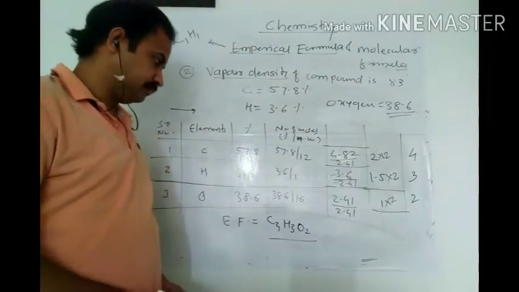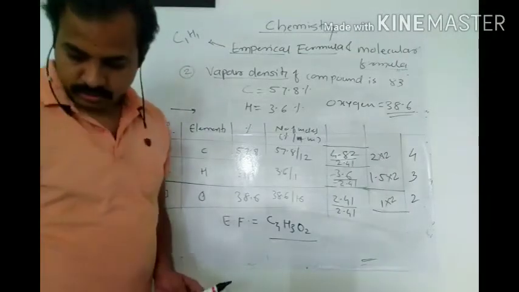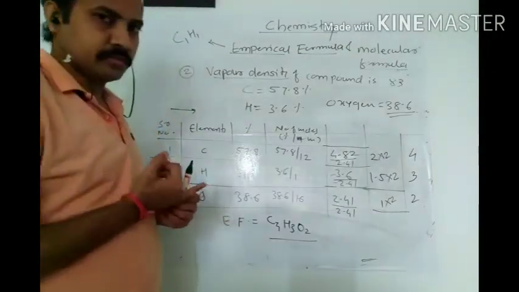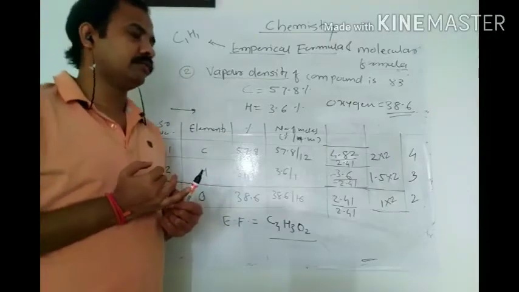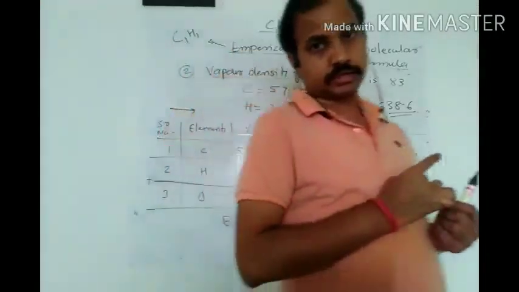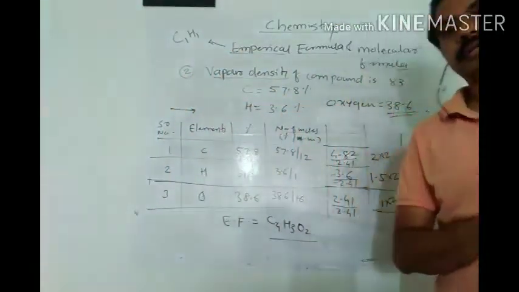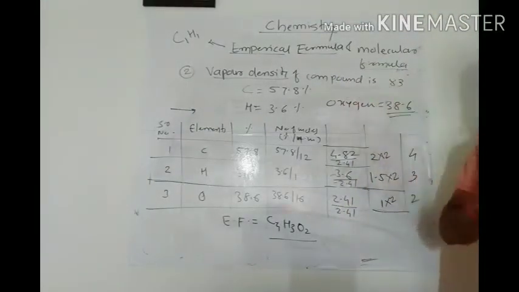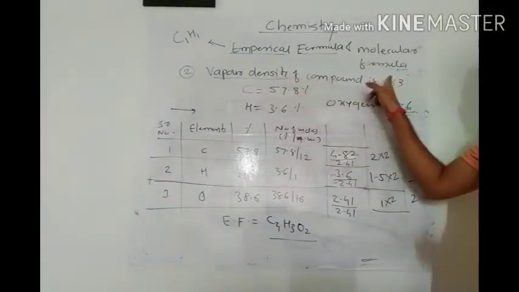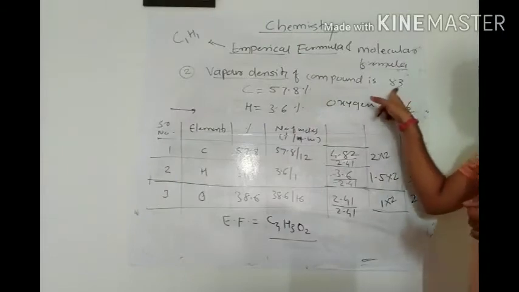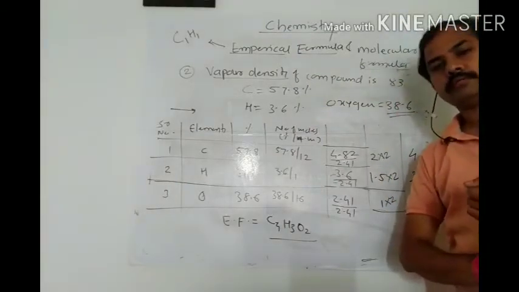Now I already told you, in order to calculate the molecular formula, we must know the molecular mass, isn't it? If molecular mass is not given, they will provide vapor density, like it is given in this problem. Vapor density of a compound is 83. We just have to multiply it by 2, it will give you the molecular mass.